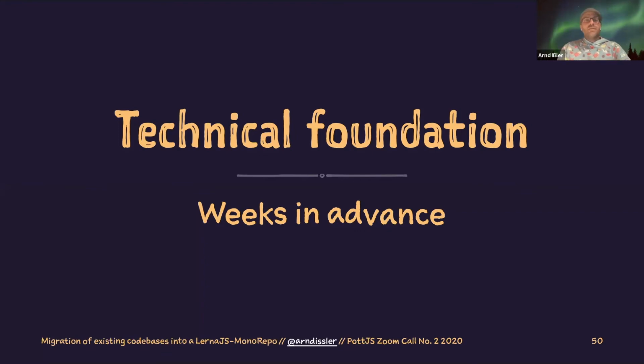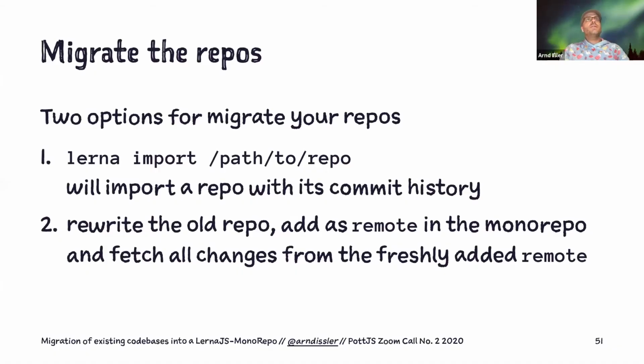So technical foundation, what needs to be done weeks in advance? Migrating the source code is pretty easy, I think. You have two options. With Lerna, you have the built-in option, Lerna import, and then you give the path to the repo, and it will import everything from this repo with the complete Git history, all the commits.